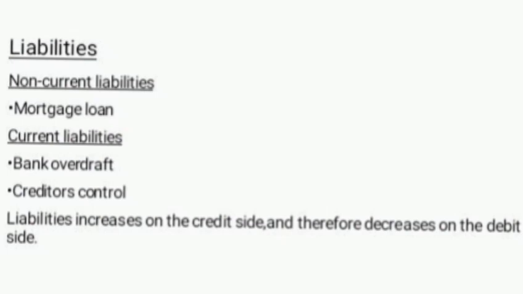Then we have the creditors control. It's a liability because that money is payable. You can say creditors control or you can say trade payable. The liabilities increase on the credit side and therefore decrease on the debit side.